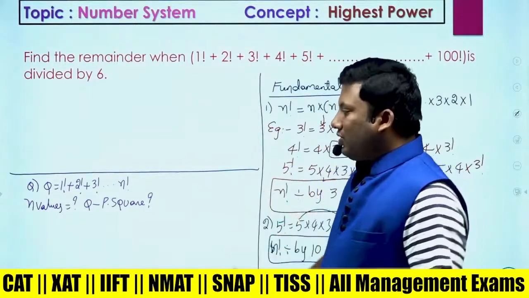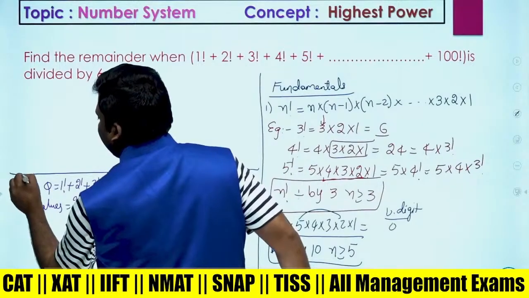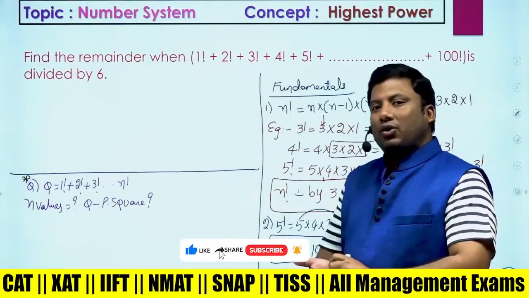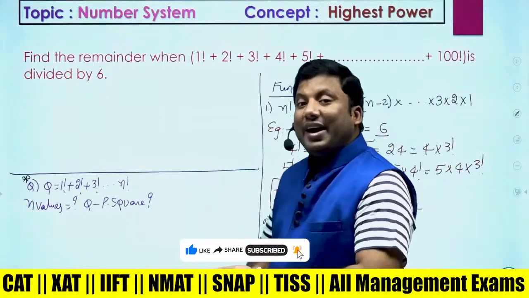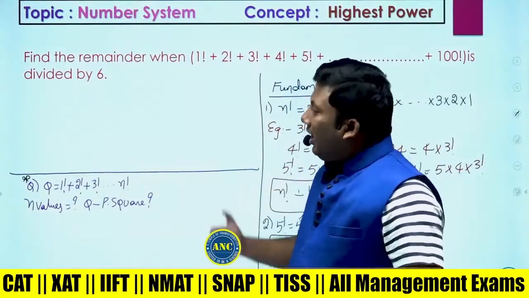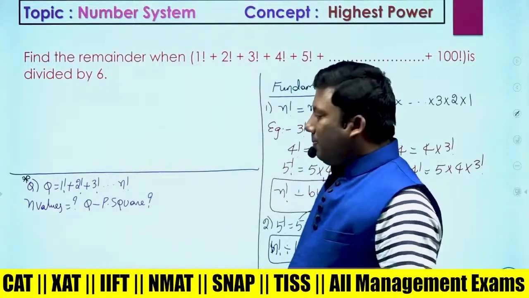How many values can n take such that Q is a perfect square? A CAT replica question. We'll create as many questions as possible on the spot so that students will learn how to solve questions which are probably not there in the PPT also.